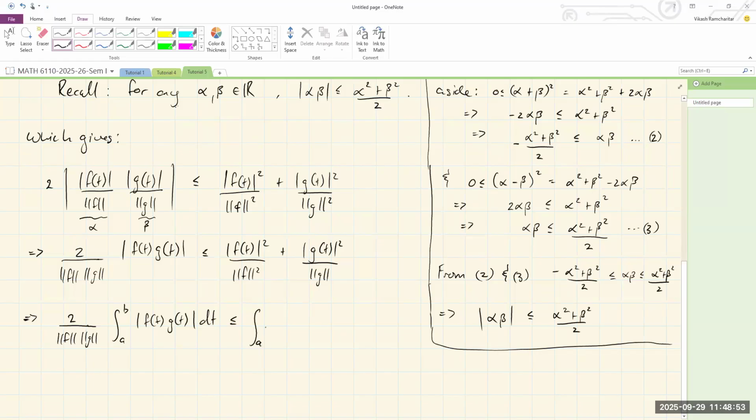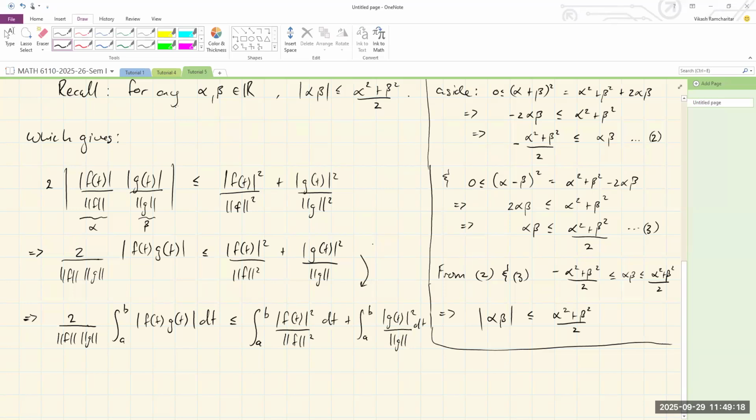Okay, so this is just the integral from a to b of this term over norm f squared dt, plus the integral from a to b of modulus g squared over norm g squared dt.